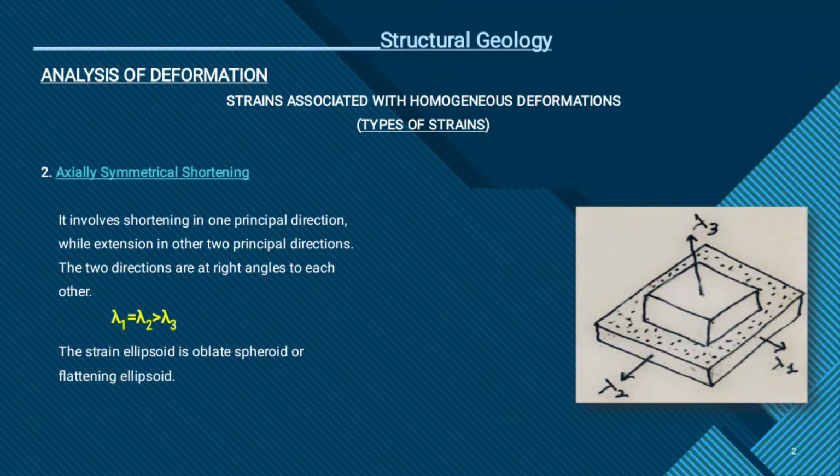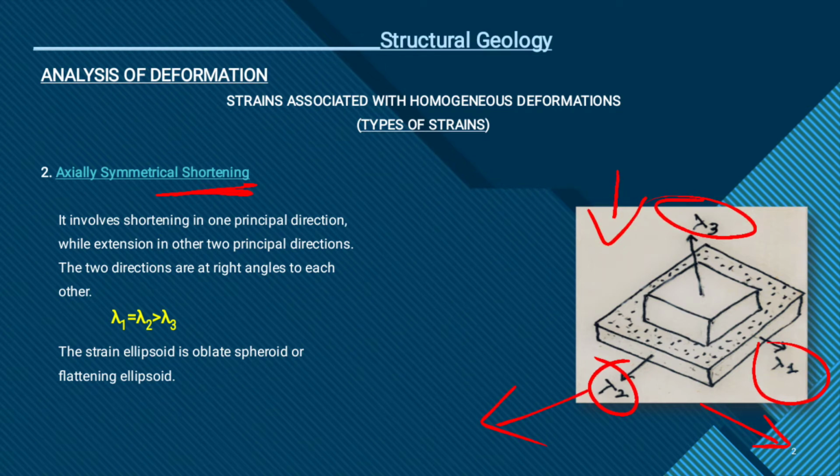Next one is axially symmetrical shortening. It involves shortening in one principal axis. There lambda 3 is shortened, and lambda 2 and lambda 1 are extended. Lambda 3 is shortened, while lambda 1 and lambda 2 remain equal and extended.